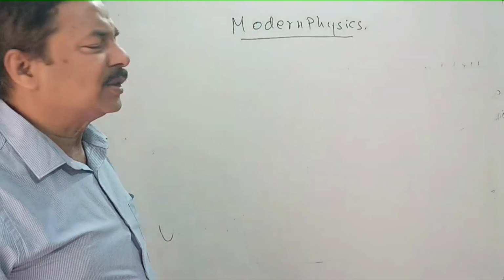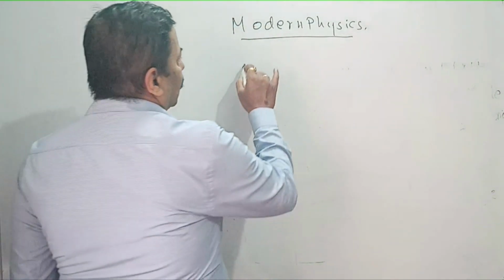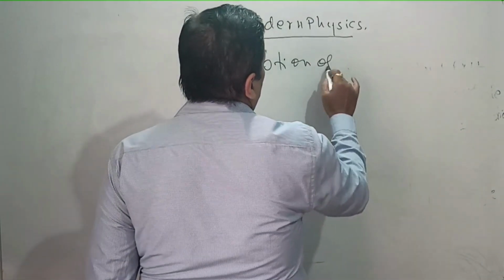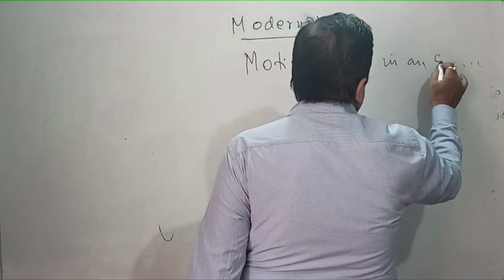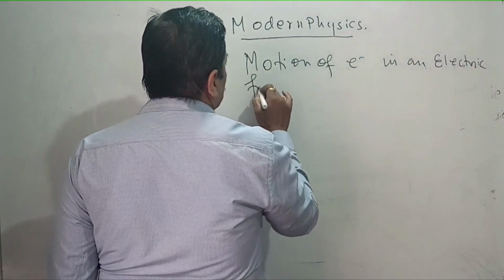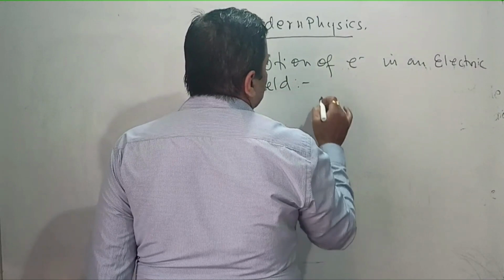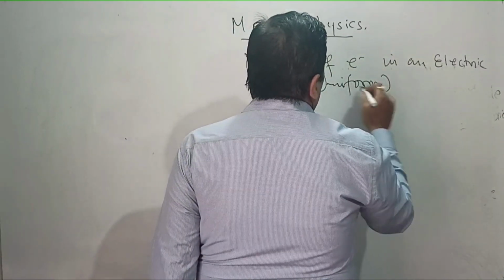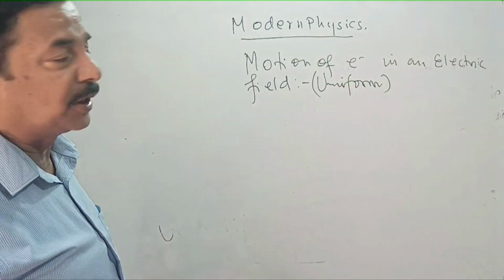Now let us try to discuss the motion of an electron, that is a negatively charged particle, in an electric field. The electron is in a uniform electric field and it is being projected.